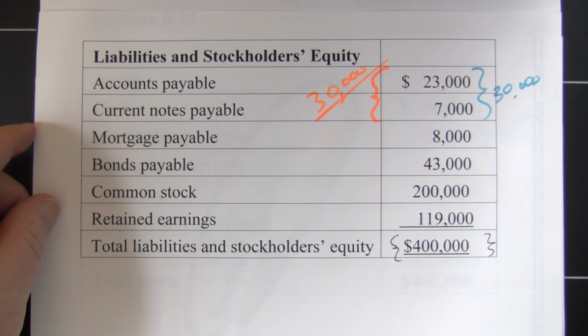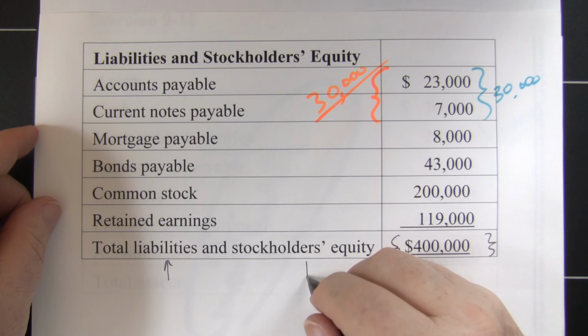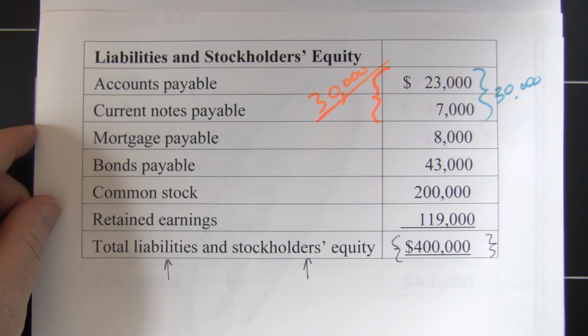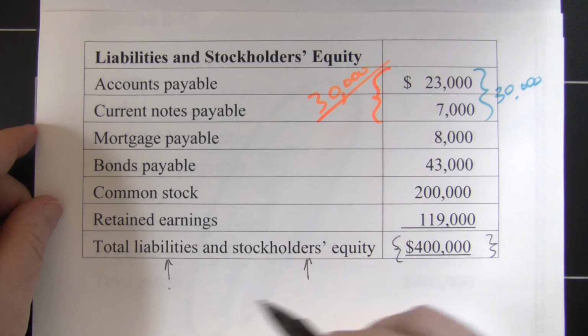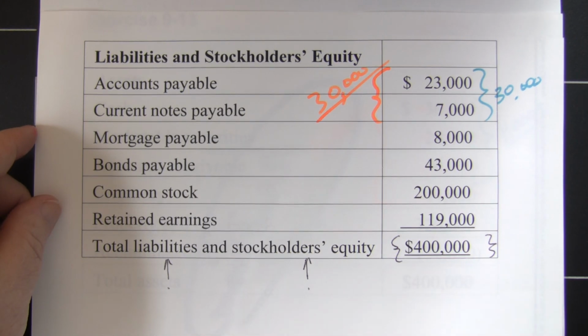So we want to be able to tell our creditors and our shareholders roughly what percent we are making on your money. How much return are we making on your money, Mr. Lender and Mr. Owner, or Miss Lender and Ms. Owner?